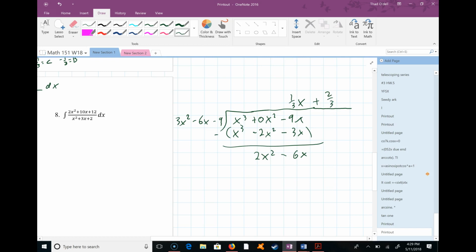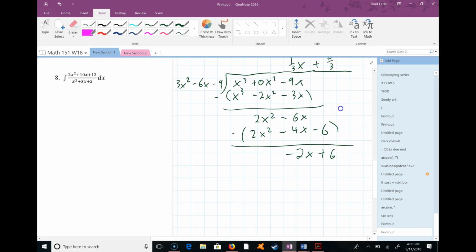So 2/3 times 3x squared would be 2x squared. 2/3 times negative 6 would be negative 4x. And 2/3 times 9 would be negative 6. So then we're going to subtract this again, and we get 0. Negative 6 plus 4 would be negative 2x. And negative 6 would be plus 6.